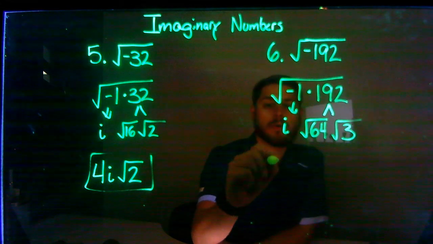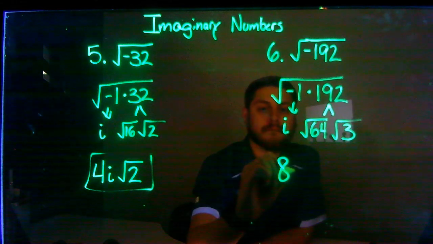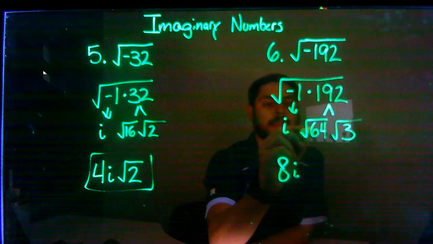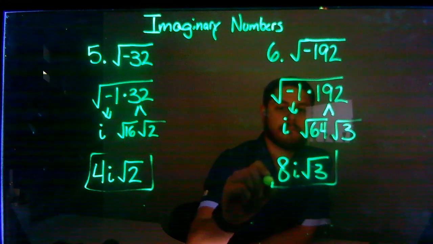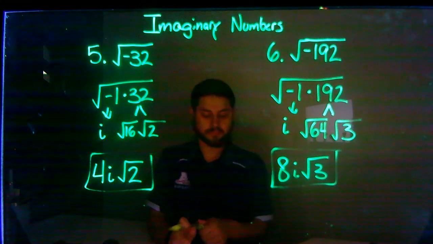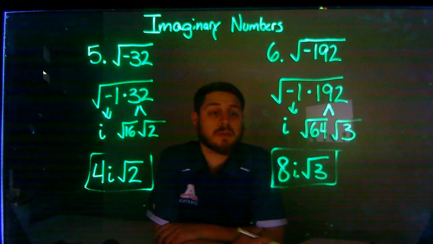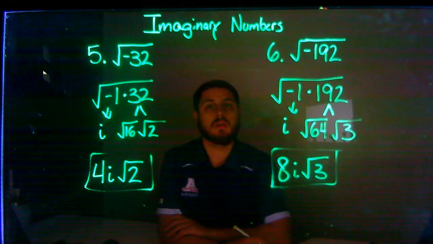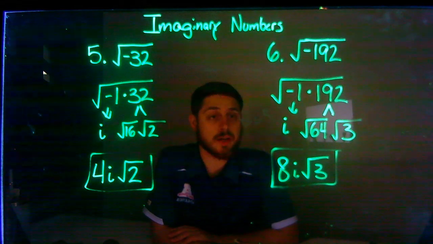Square root of 64 is 8. i, so 8i square root of 3. And that is as simplified as this radical will get. So that's going to conclude our notes for today.